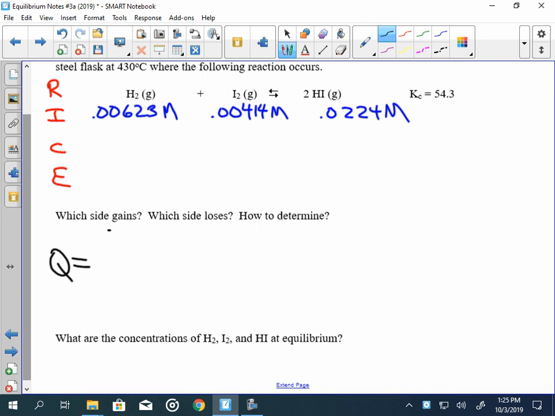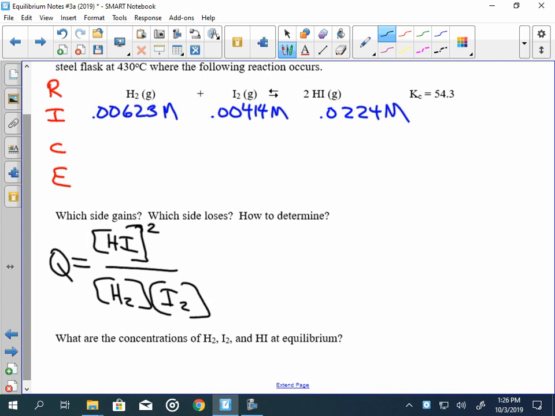I'm going to write the generic Q equation: [HI] squared over [H2] times [I2]. And that looks a lot like products over reactants, and the coefficients matter. Yes, it does.